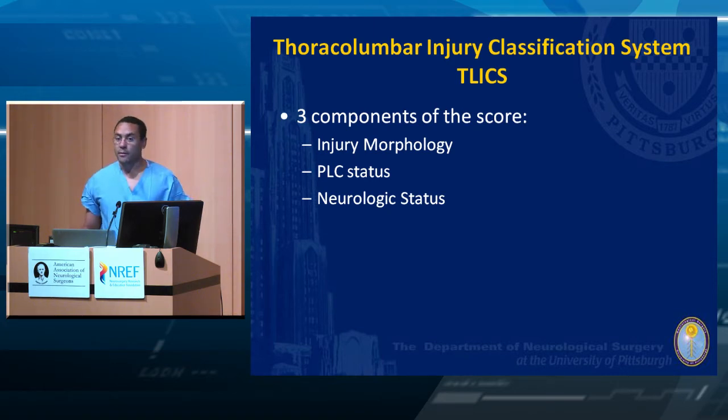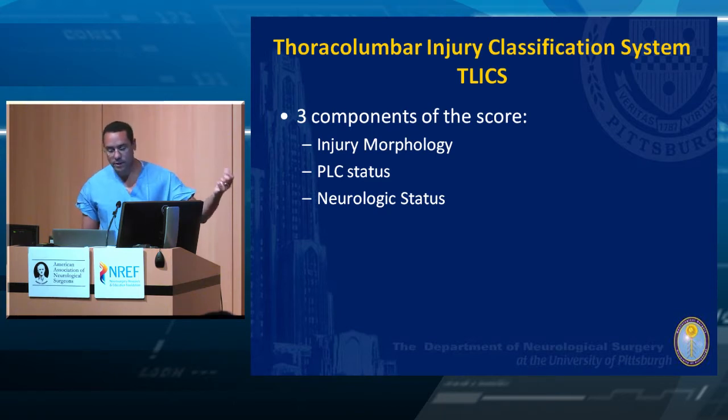And if you're talking about someone who's neurologically intact with a TLICS score of 2, that has meaning, right? So there's value in these classification systems that we use, like the GCS, like the ASIA, like the TLICS, because they communicate information in a very compact manner.